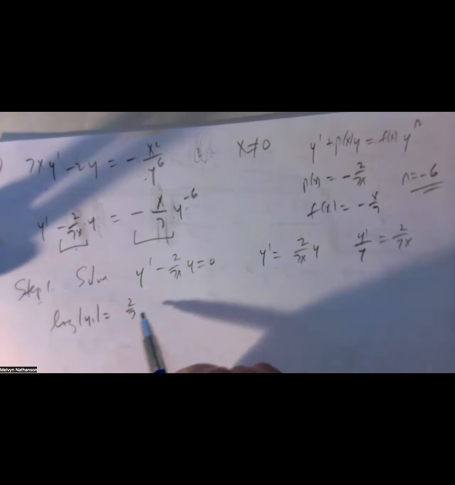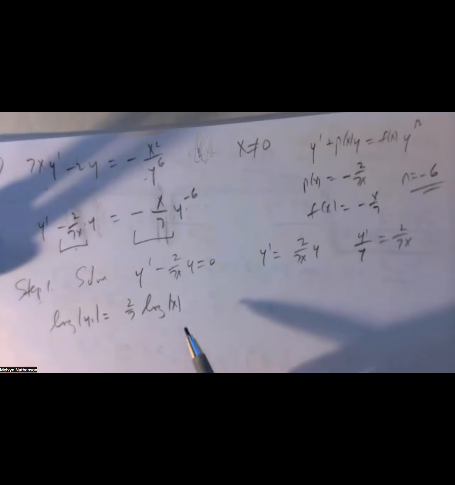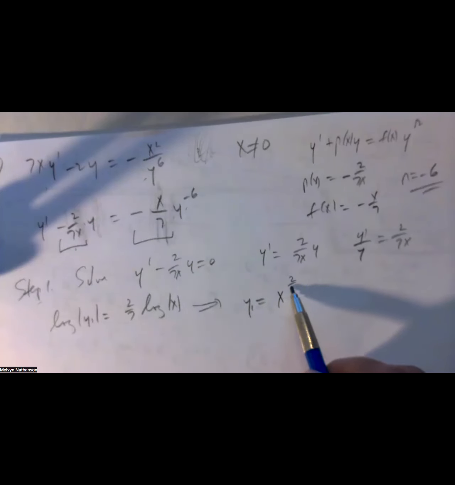When we integrate, the log of y1 is 2/7 times the log of x. So one solution of the homogeneous equation, when you exponentiate, is y1 equals x to the 2/7.